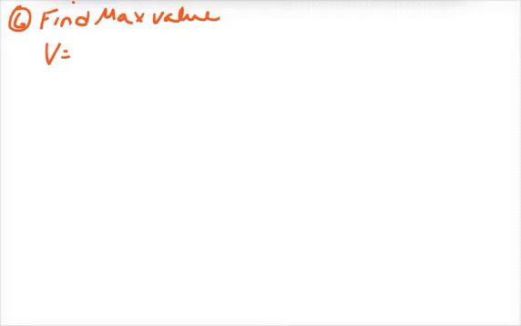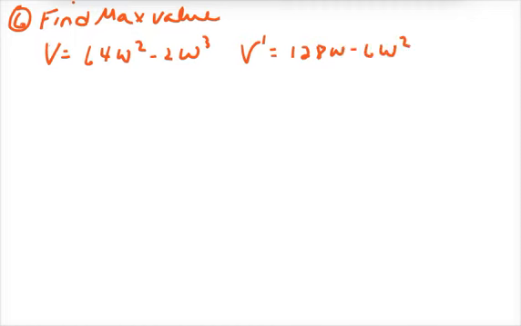Which was equal to 64w squared minus 2w cubed. Take the derivative of that, because we're going to need to find the critical points, and the derivative is 128w minus 6w squared. Factor out a 2w, and you're left with 64 minus 3w.